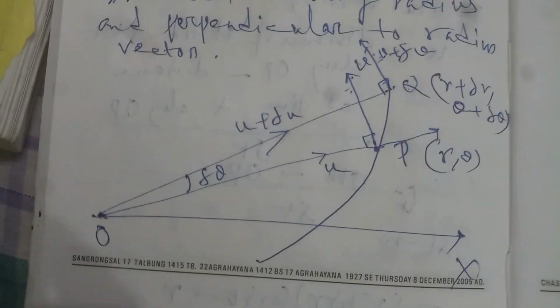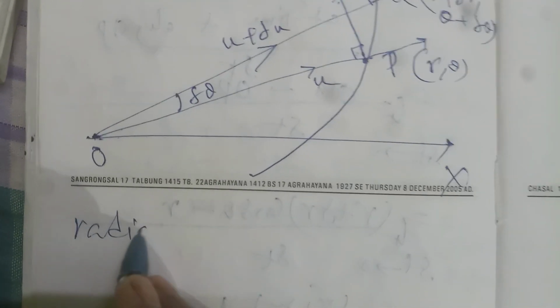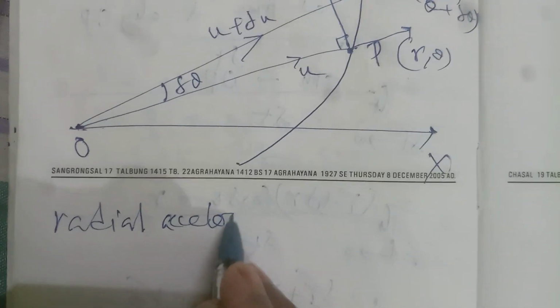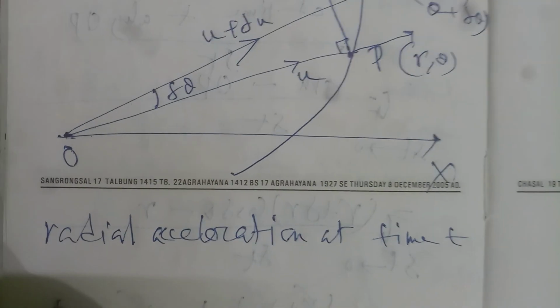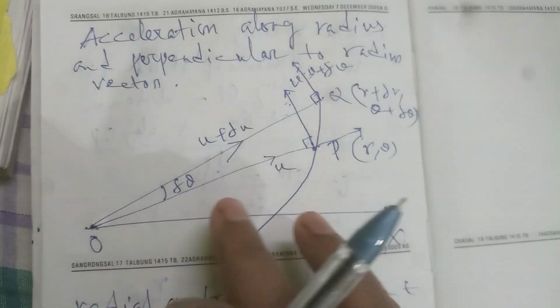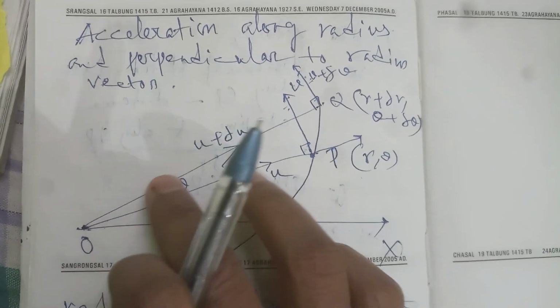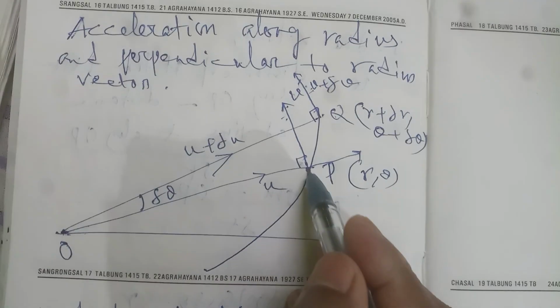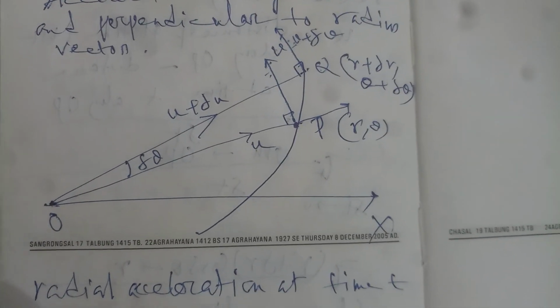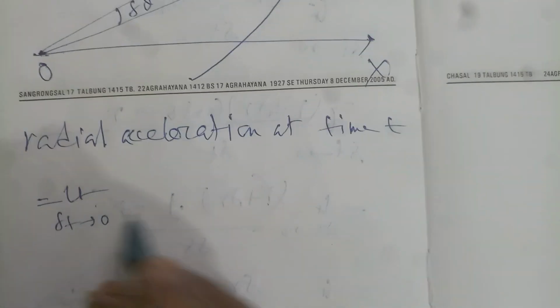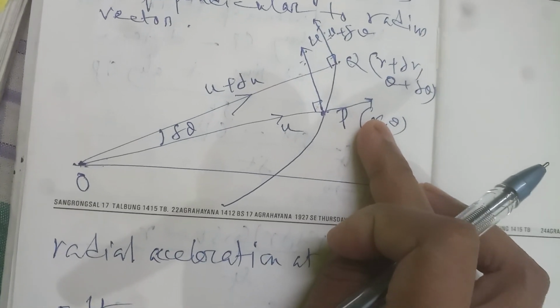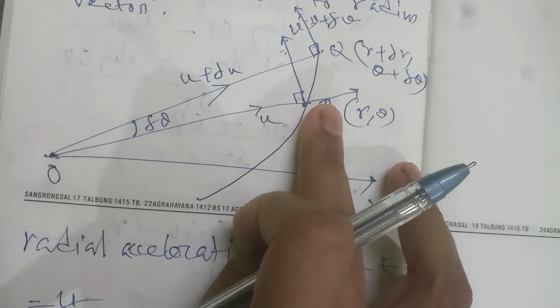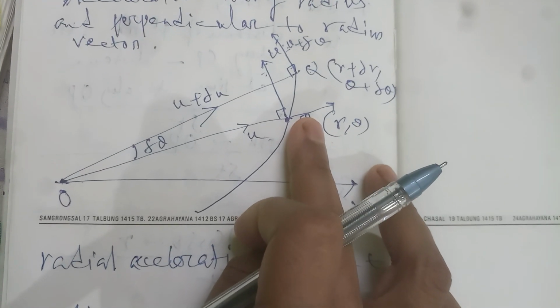Now, what is the acceleration? The radial acceleration at time t, that is at P, is equal to the limit as delta t tends to 0 of the change of the velocities along OP, because we are taking delta t tends to 0 and at the instant at the point P we are calculating the radial acceleration.